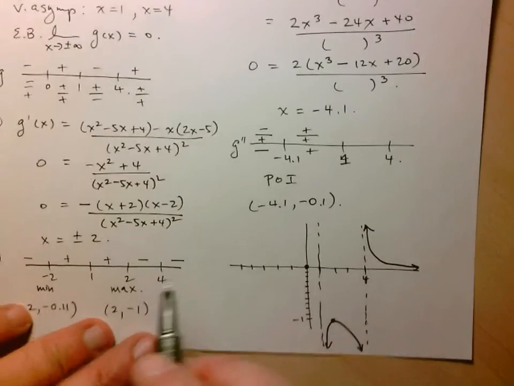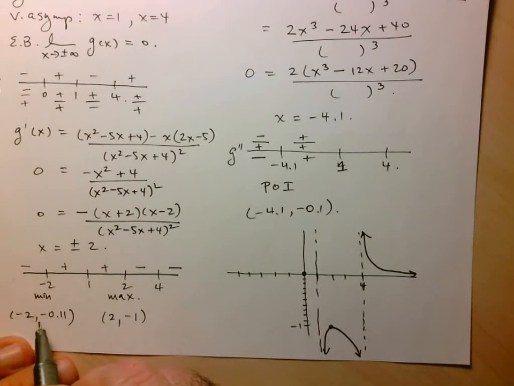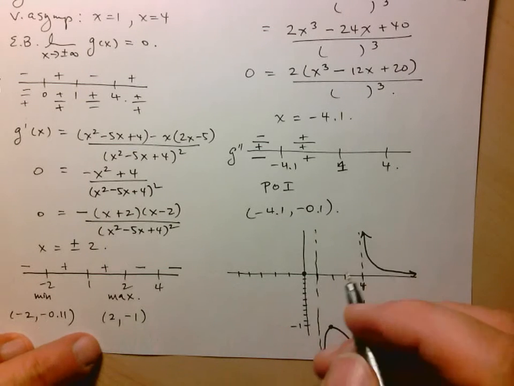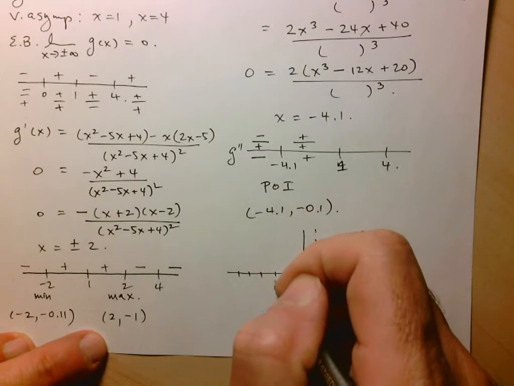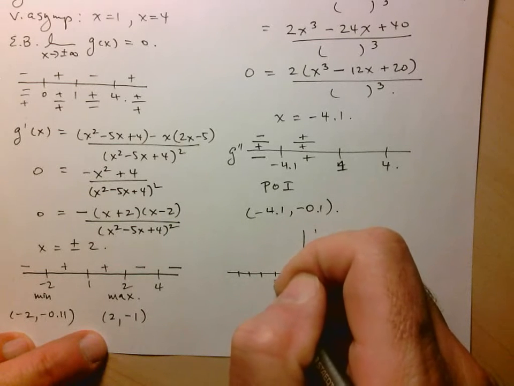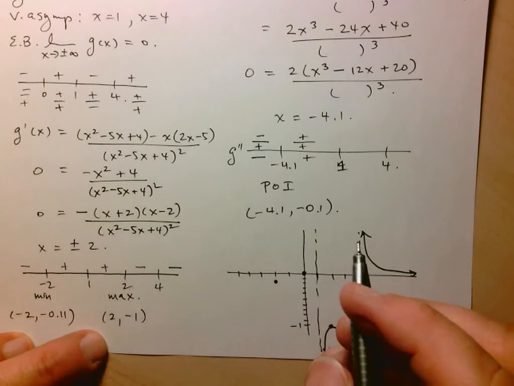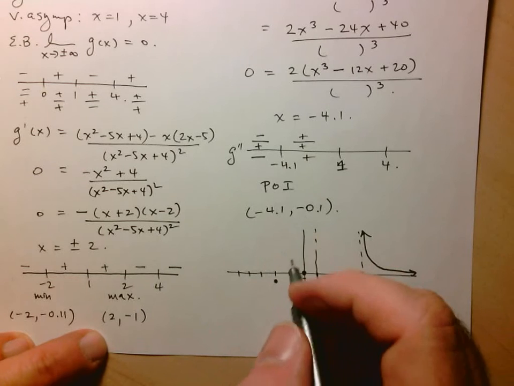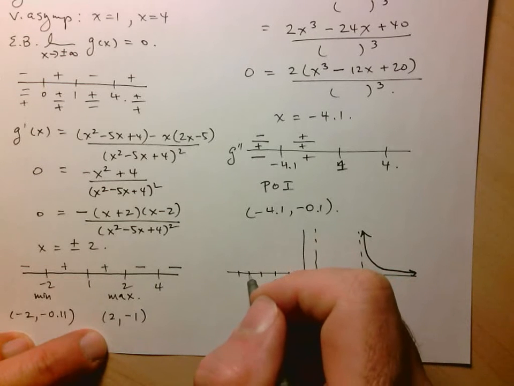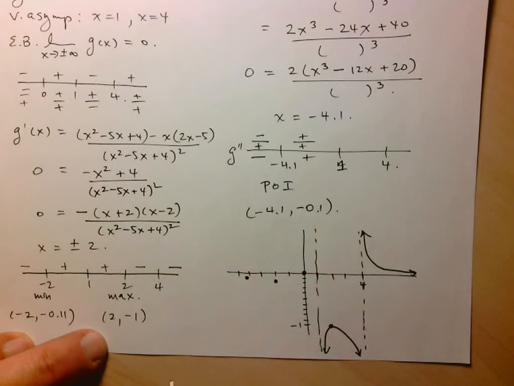Okay. So on the other side, let's not forget we have our min at negative 2, 0.11. Okay, so here somewhere there we've got our min, and I'm really exaggerating it here so I have a bit of room, and then we have our point of inflection at negative 4.1, negative 0.1, so just slightly above that other one. There's our point of inflection.